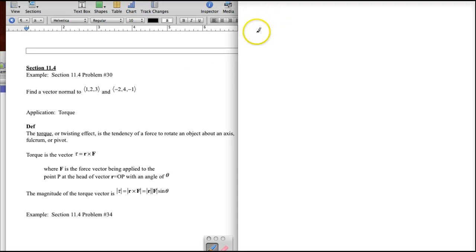So what we have to do to figure out a vector that's orthogonal to 1, 2, 3, and negative 2, 4, negative 1, is to figure out the cross product, right? So we do 1, 2, 3, cross that with negative 2, 4, negative 1.